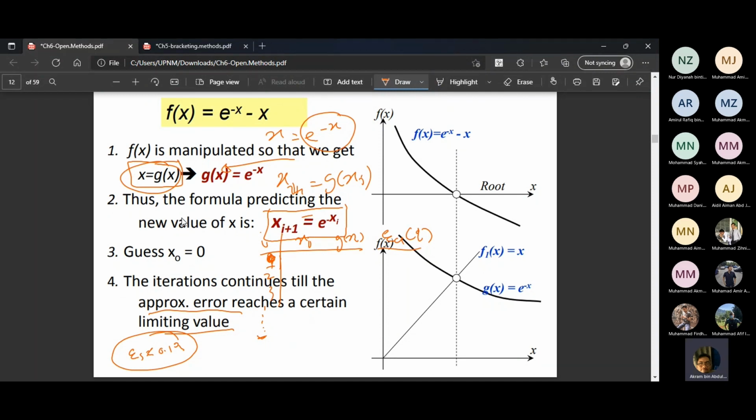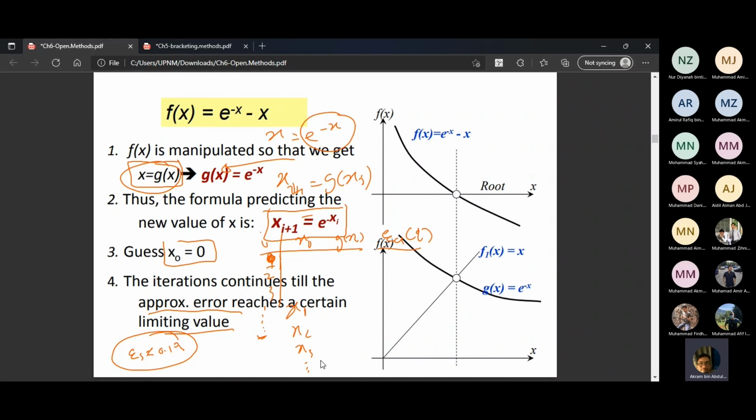We start our initial guess with x naught equal to 0, and then we can find the values of x1, x2, x3, and so on.